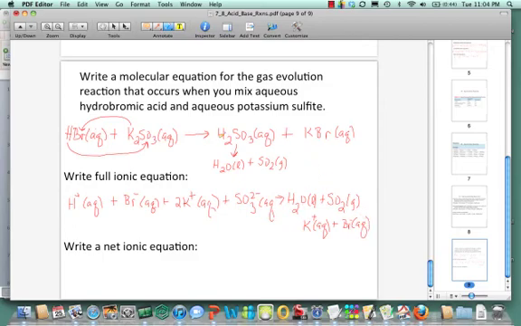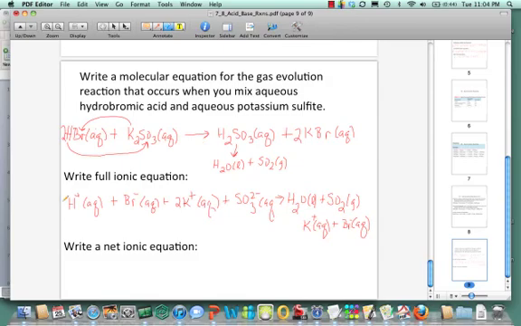Okay, let's go up here and see if it's balanced, because I forgot to check whether it's balanced. We've got 2 hydrogens here, and we've only got 1 there. We've got 2 potassiums there, so we know we're going to need to put a 2 there. We're going to need to put a 2 there, so we have 2 hydrogens, 2 bromines, 2 potassiums, 2 potassiums, 2 bromines, 1 SO3, so now we're balanced.